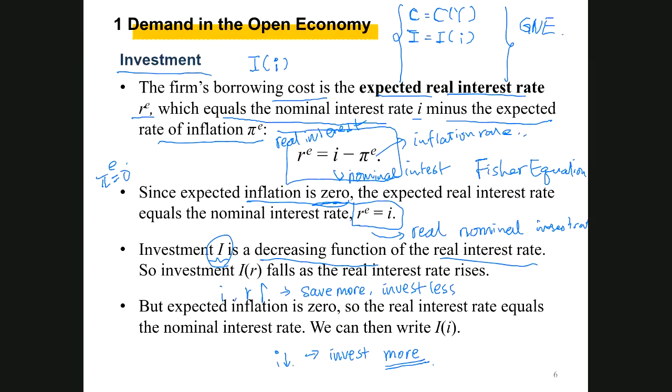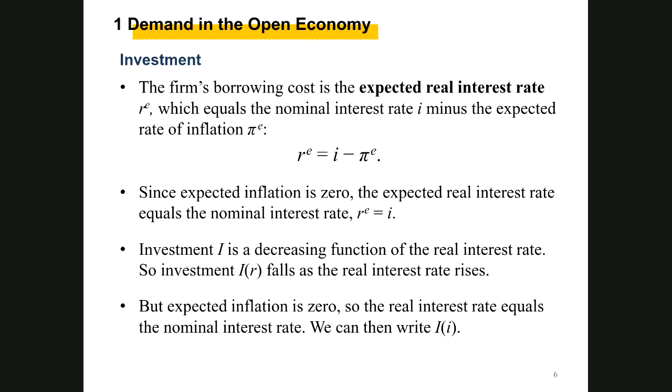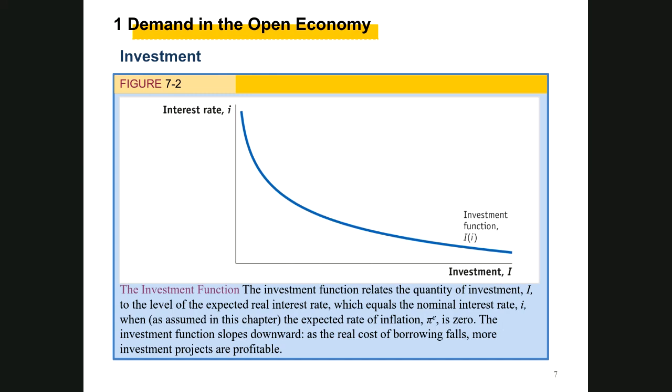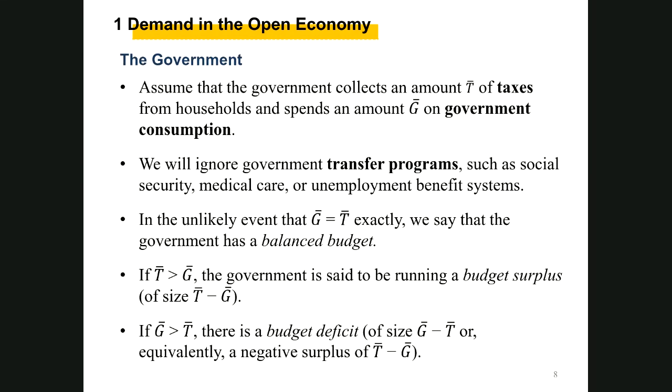It's the government expenditure, right? So in the government sector, we have two parts. One is the tax and one is the expenditure. We ignore the government's transfer program.